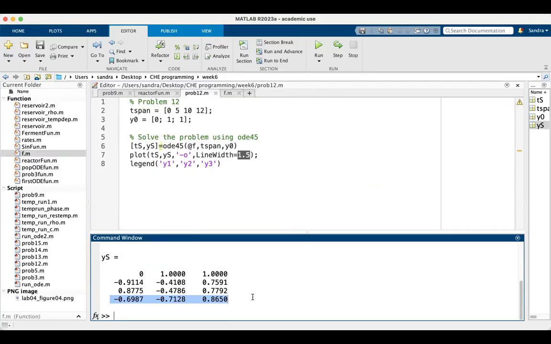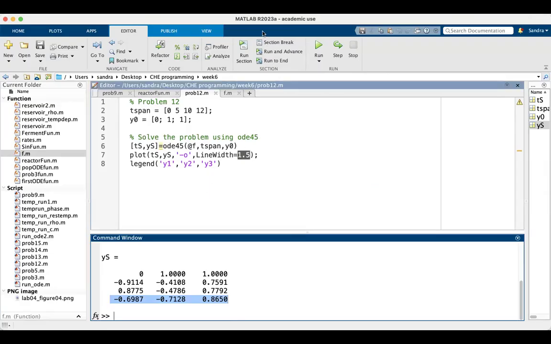So just like we did earlier, if you specifically want to know what the y1, y2, y3 values are, since you know the ys, you can directly go to the index of the ys and extract it from there. You need to understand each row corresponds to each time and each column corresponds to each variable. If you know that, you'll be able to extract it from the ys. I hope that is clear.